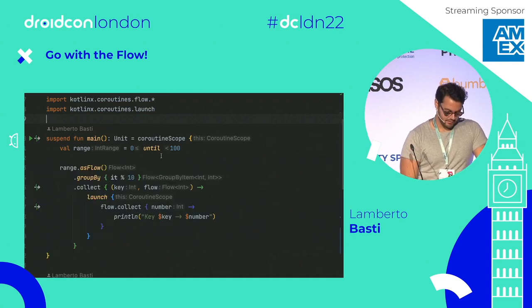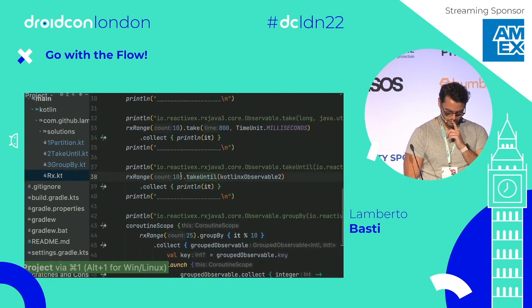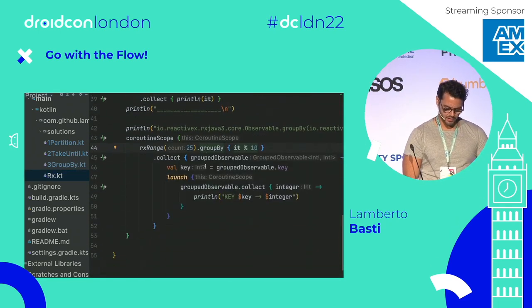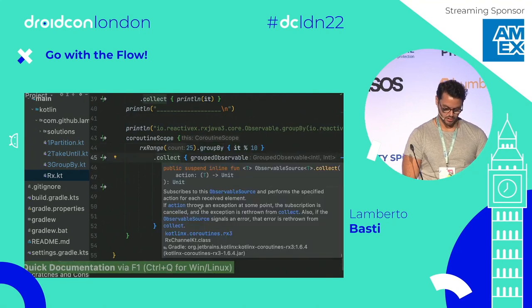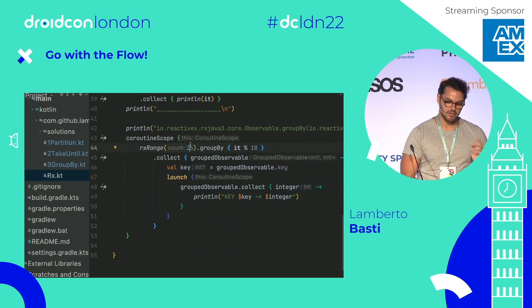Let's see Rx. So this is going to be fun. As you can see here, there are extensions on Rx observable source, so that you can collect them in a coroutines fashion, so that you don't need to rewrite everything every time.